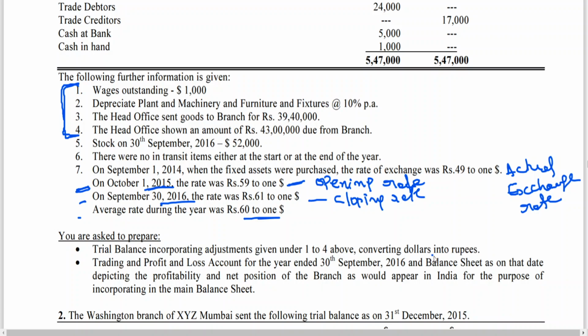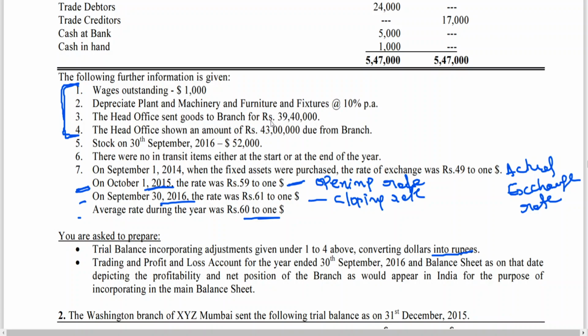Converting dollars into rupees. First begin with the third and fourth items. The head office sent goods to the branch. We had a discussion in the last class, and I hope you have the notes with you. Might have gone through the notes of branch accounts, the foreign branches, given in the last class.